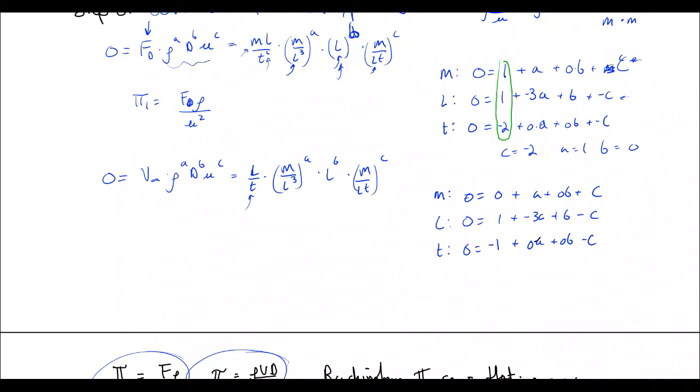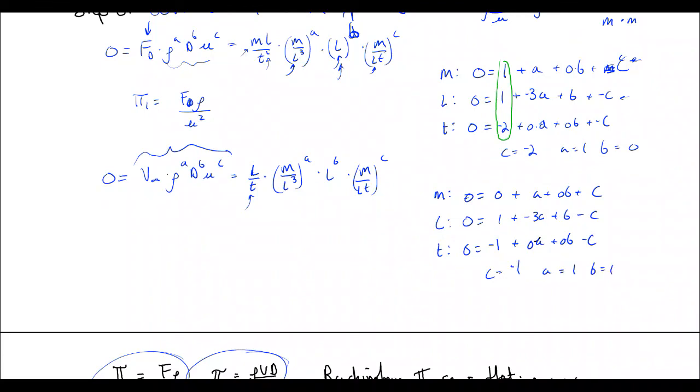We can do c first, and we find out c is equal to -1. And then if you remember, this was a set of variables that I said you should easily, by the end of this section, be able to say, oh, that's the Reynolds number. If you go through and solve this system of equations, you'll find out that a is equal to 1 and b is equal to 1.